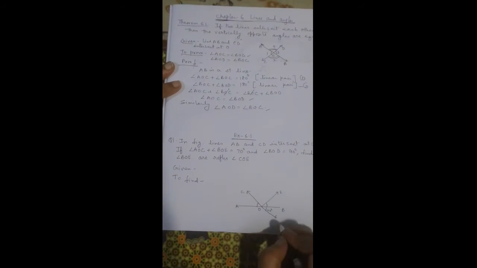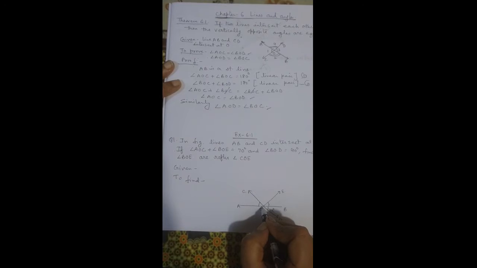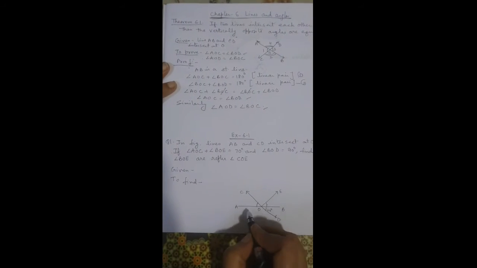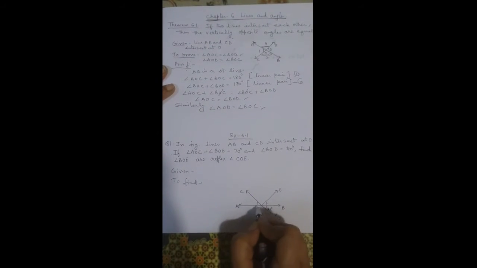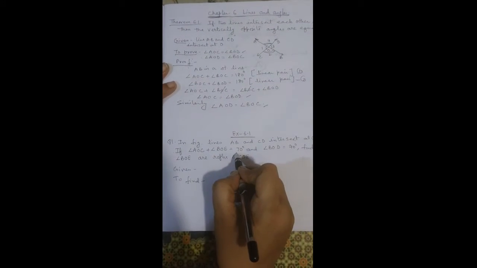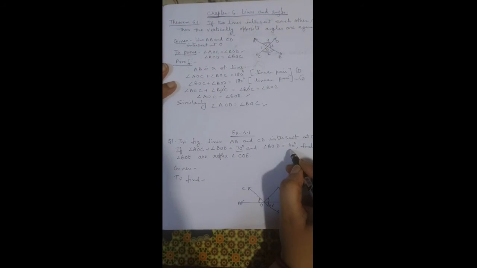Next, exercise 6.1, question number 1. A figure is given and the lines AB and CD intersect at O, and the sum of angle AOC and angle BOE is given as 70 degree, and angle BOD is given as 40 degree. Find angle BOE and reflex angle COE.